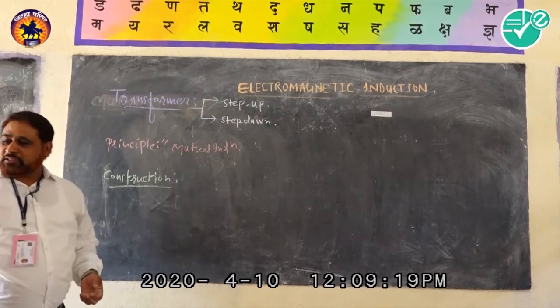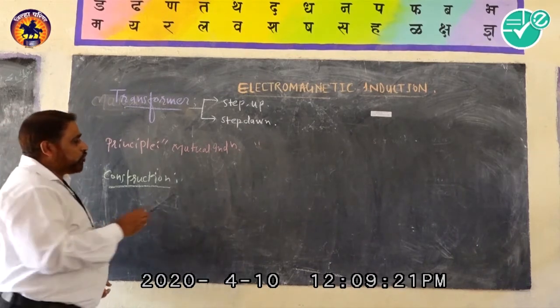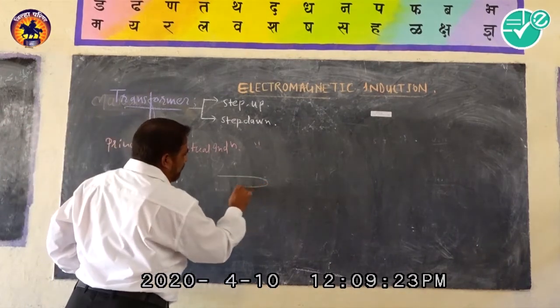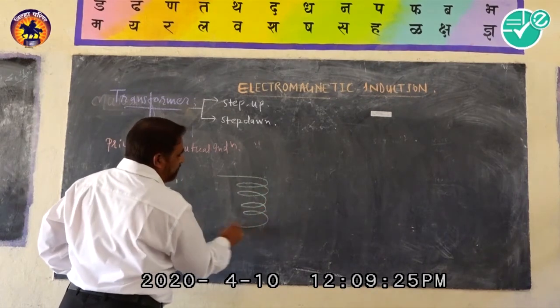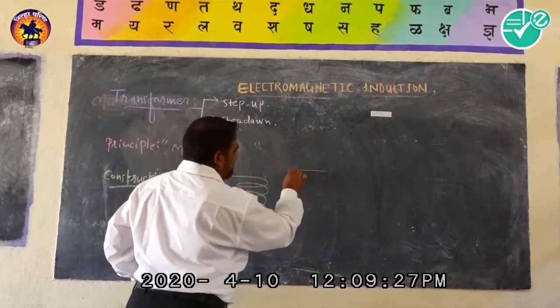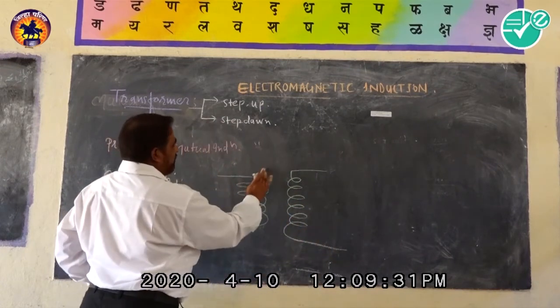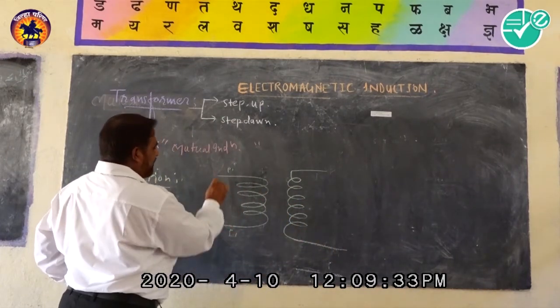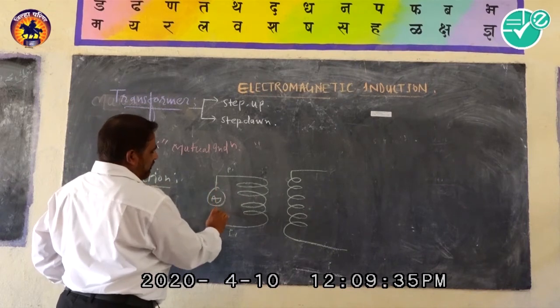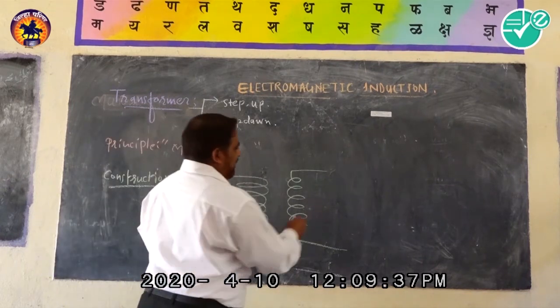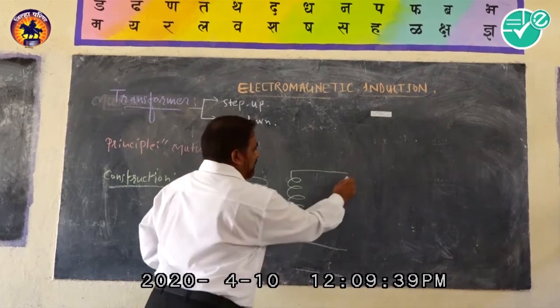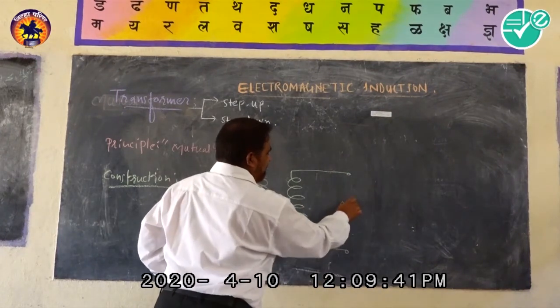So far as the construction of this transformer is concerned, you might be knowing that this transformer consists of two windings. One is the primary winding and another is the secondary winding. It is denoted by P1 and P2, whereas the AC source is attached here and the output is measured here.